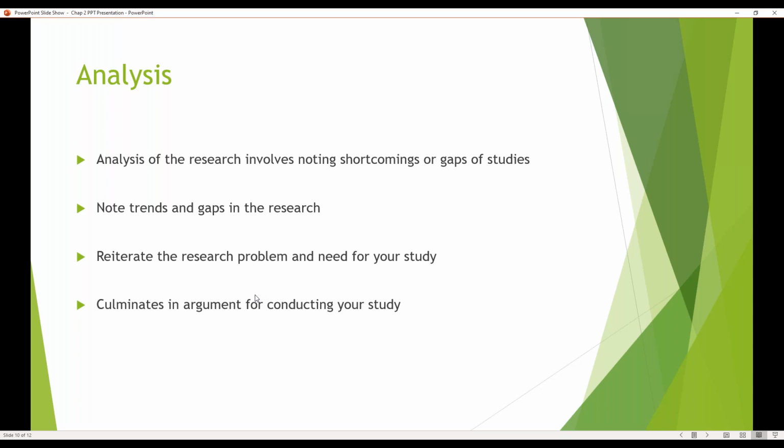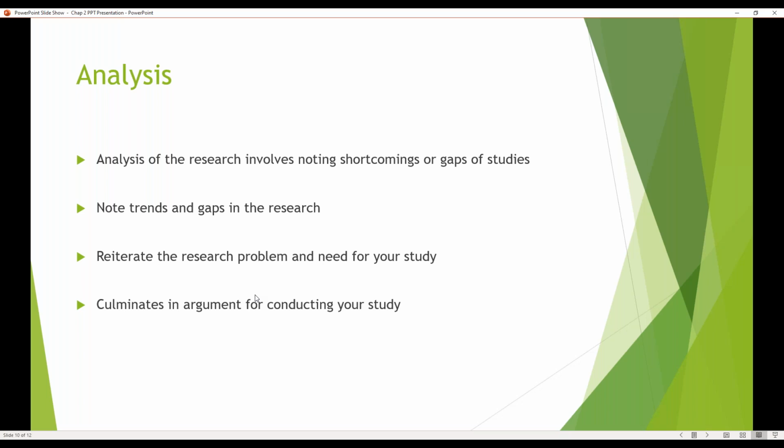So throughout, especially at the end, in the summary, and we'll get to that in a minute, reiterate your research problem and the need for your study. So part of the analysis involves making an argument throughout that these studies are not really getting at what your study is designed to do.